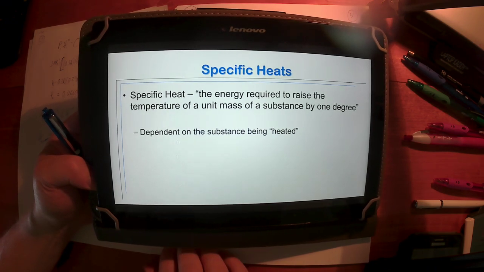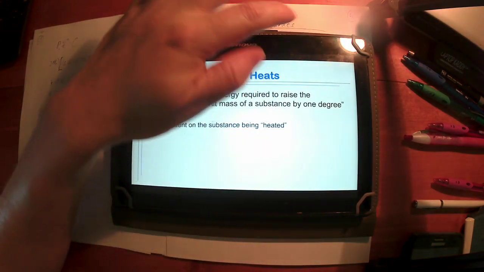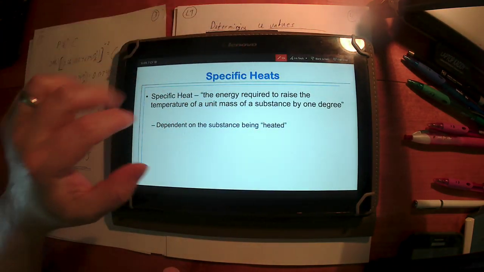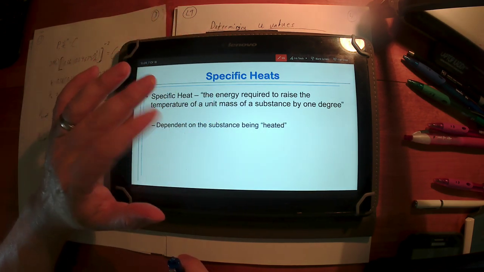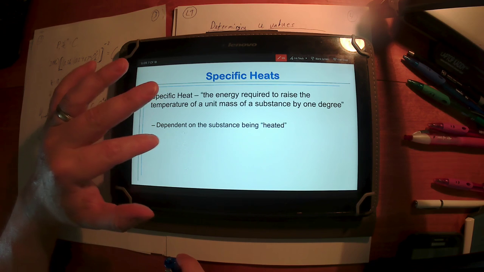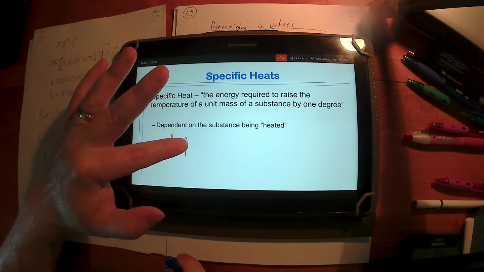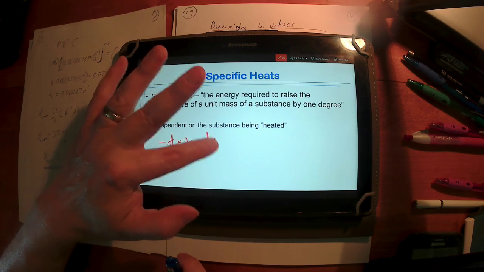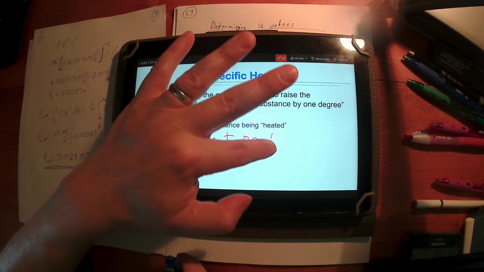Also dependent on the phase. And so these are important things. This is a definition directly from the Chamberlain-Bowles text, but again, it's important to understand that it's dependent on the substance and also dependent on the phase.